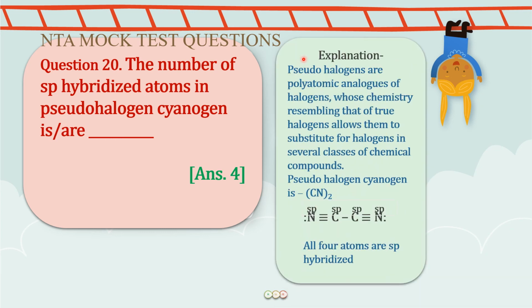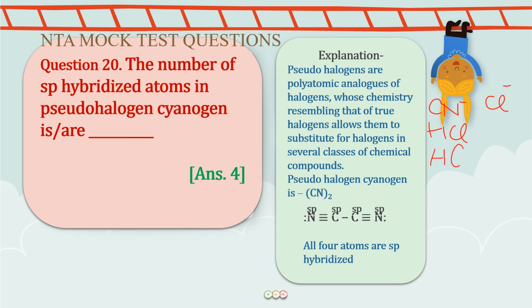First of all, let us understand what we mean by pseudo halogens. Pseudo halogens are polyatomic analogues of halogens whose chemistry resembles that of the true halogens, allowing them to be used as a substitute for halogens in several classes of chemical compounds. For example, a very common pseudo halogen ion is the cyanide ion, CN negative. This is very similar to the chloride ion, the bromide ion, the iodide ion. You all know that chloride ion forms HCl.